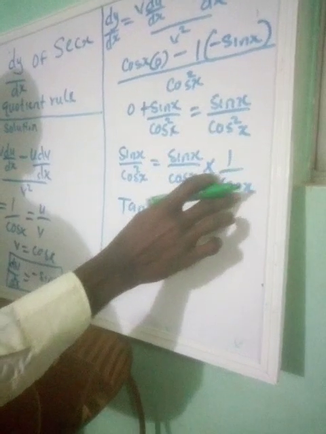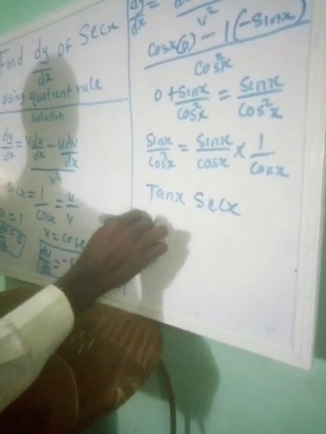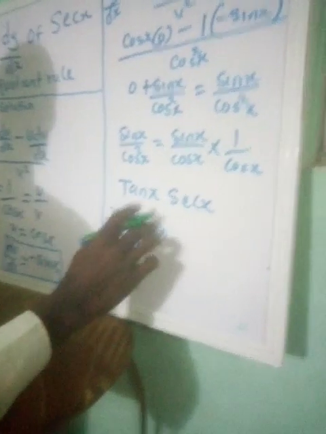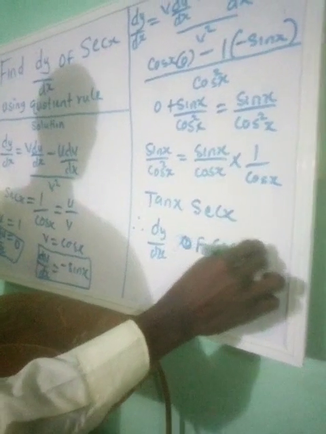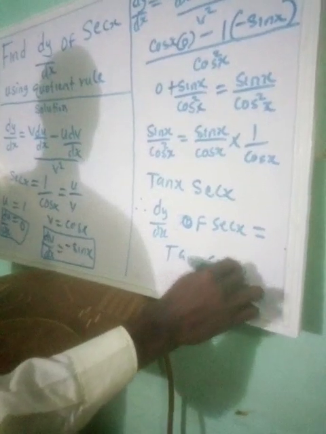What is 1 over cos x? 1 over cos x is sec x. We now have sec x. Therefore, dy over dx of sec x is equal to tan x sec x. Thank you.